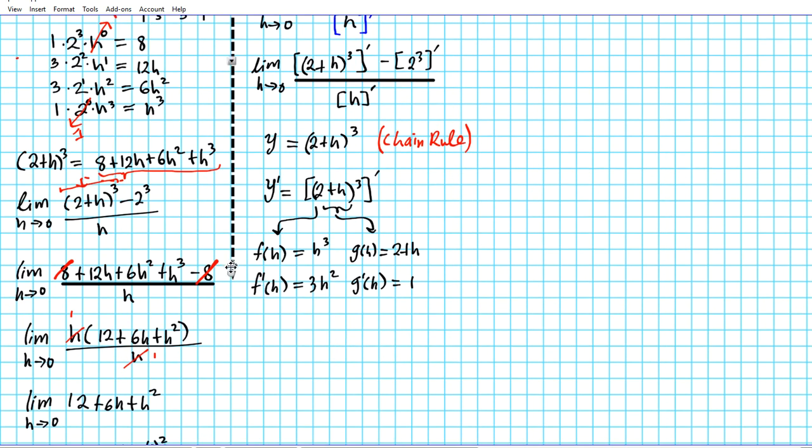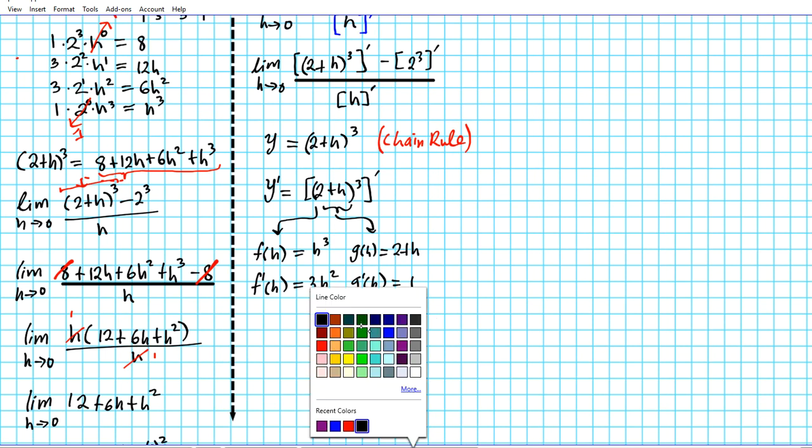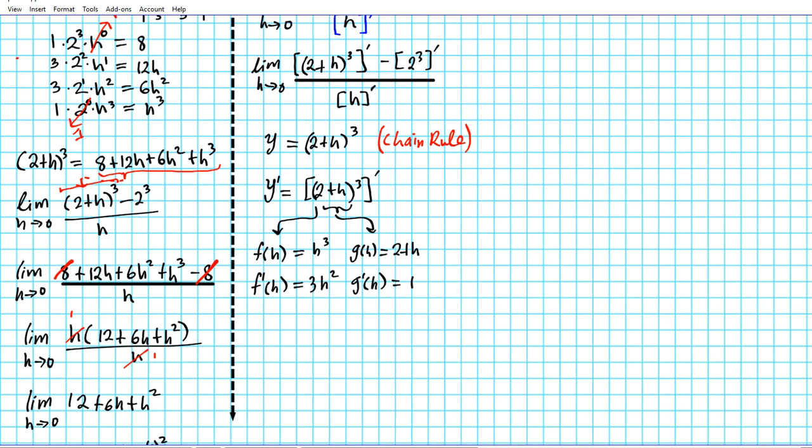Alright, so the chain rule is as follows. You differentiate the outer function and evaluate it at the inner. So what we're going to do is take the inner function and plug it into the outer function and then multiply our answer by the derivative of the inner function.